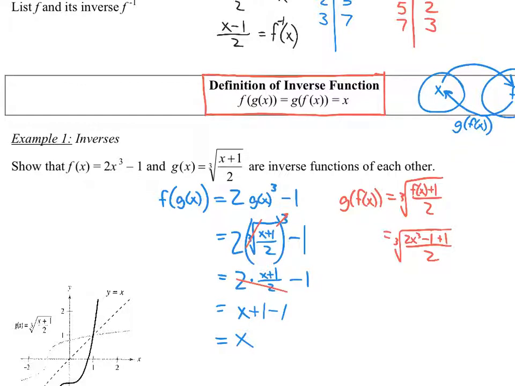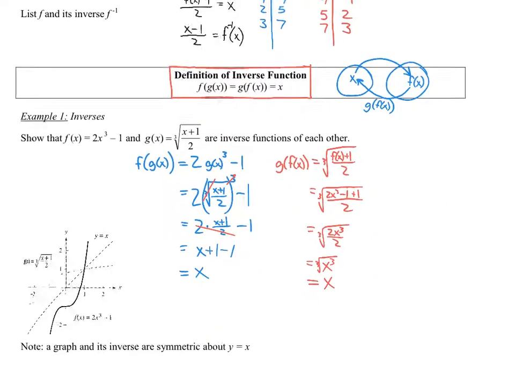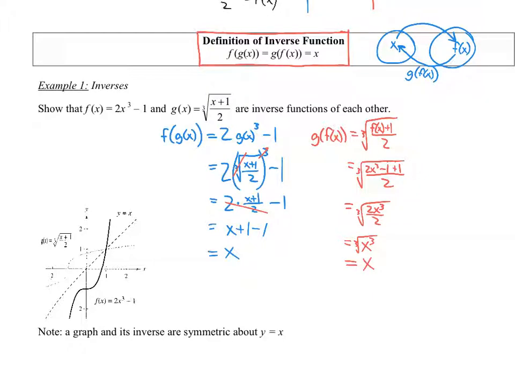Alright? So this simplifies down to the cube root of 2x cubed over 2, which is the cube root of x cubed, which is also x. So therefore, both of them equal x. Okay?